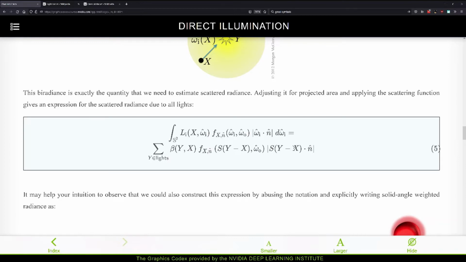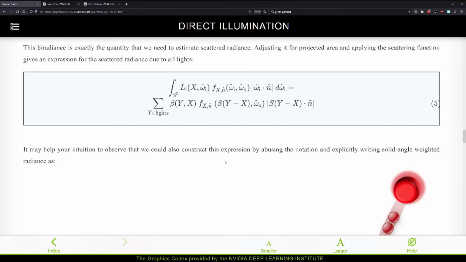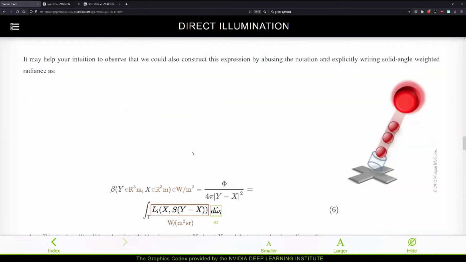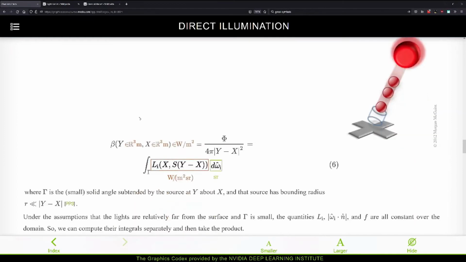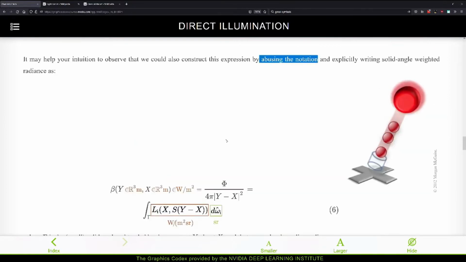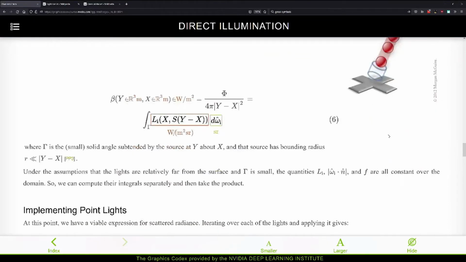Was it s that is our scattering function? Using the notation. What is this? Hopefully it'll explain it.